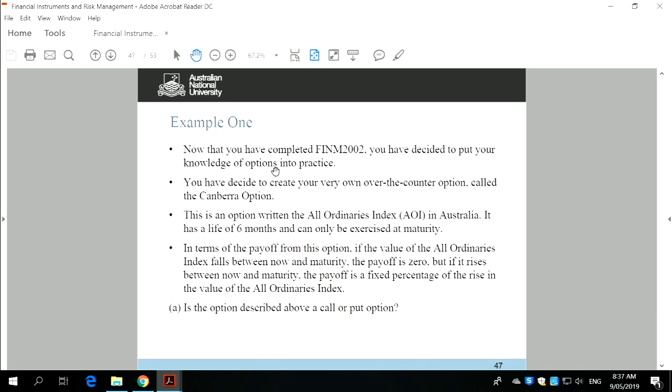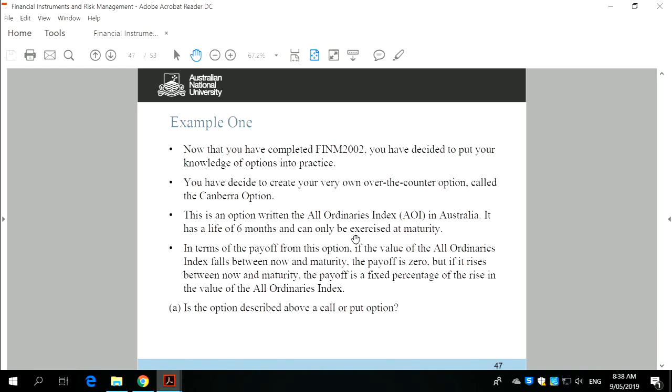So basically what you did is you created your very own over-the-counter option called the Canberra option. Okay? And this option is written on the All Ordinary Index. So for those who don't know, the All Ordinary Index is the index in Australia. So automatically you'll be thinking multiplier of $25, right? And it has a life of 6 months, can only be exercised at maturity.